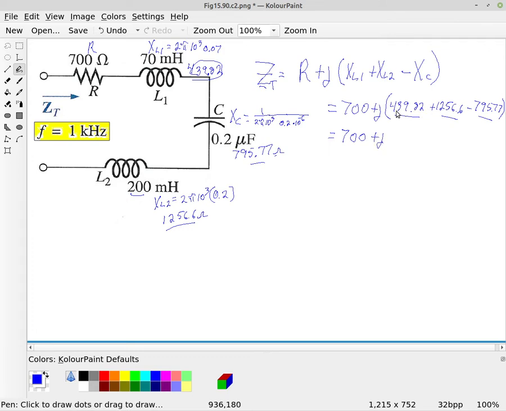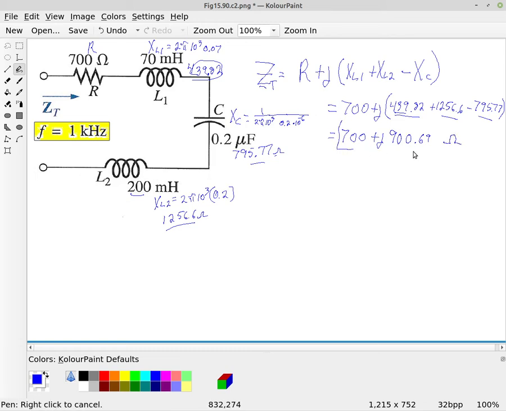Looking here, we got 439 plus 1256, and then minus 795. So that's going to give us about 900 ohms of reactance, and if we take it all the way out to 5 digits, it'd be about 900.69. Again, the units for this is ohms.